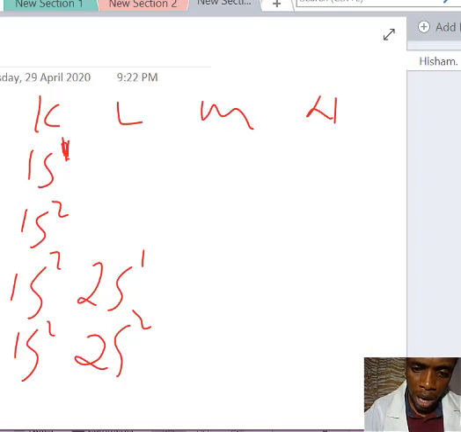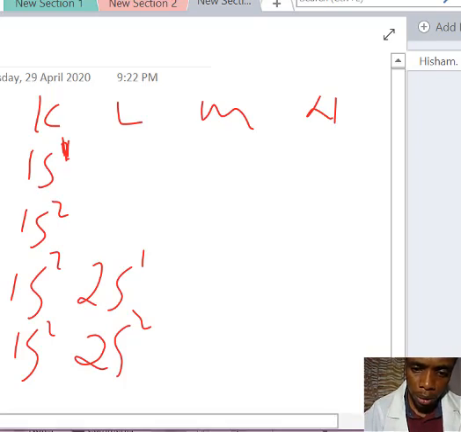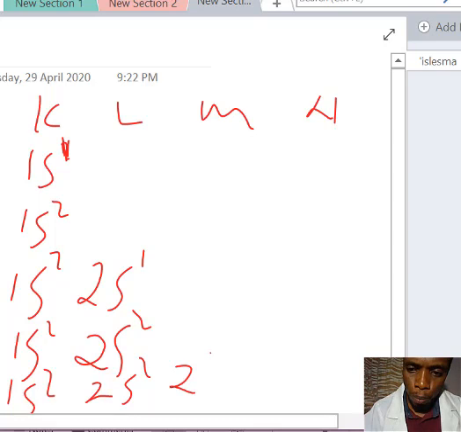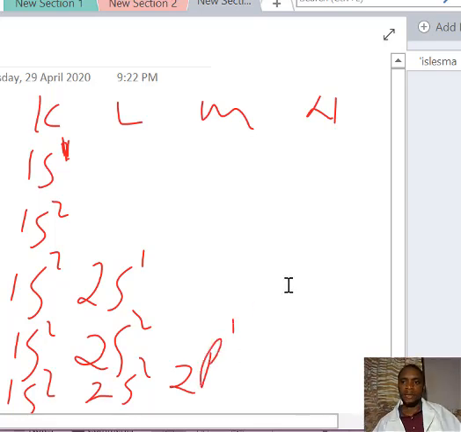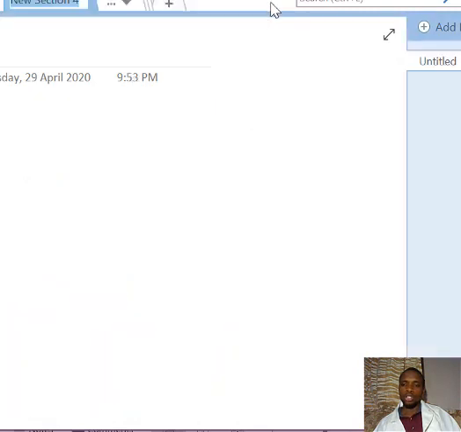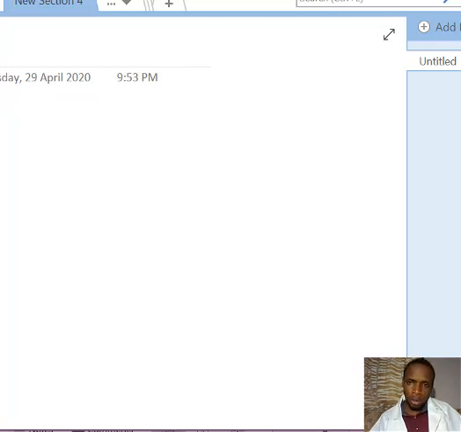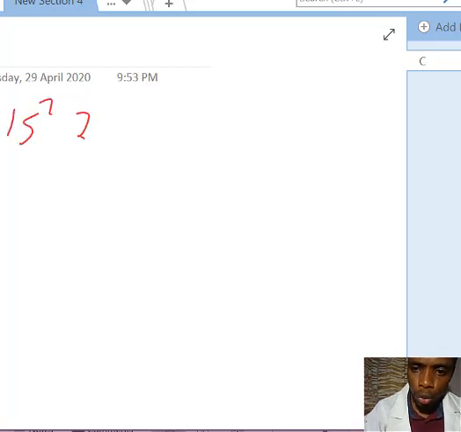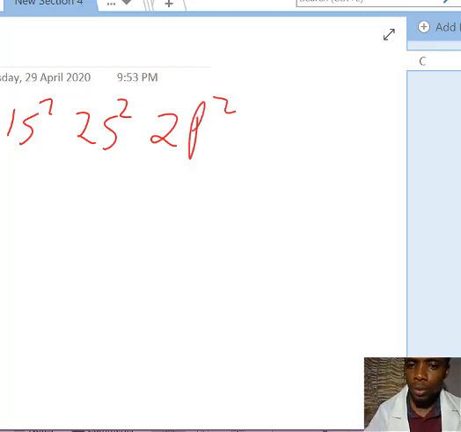After beryllium, we have boron, that will be 1s2, 2s2, 2p1. As I said earlier, immediately we give it to 2s, we go straight to 2p. Then after boron, we have carbon, that will be 1s2, 2s2, 2p2.